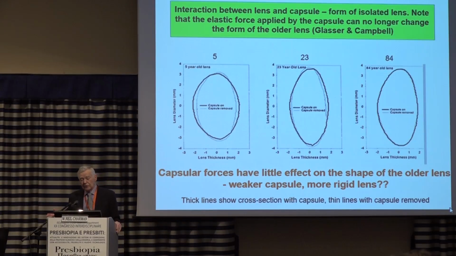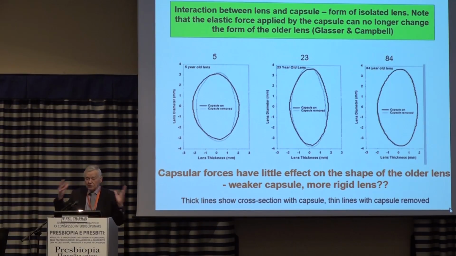And what this shows is if we take the lens and the capsule together, the fine line is the lens with its capsule. The thick line is what the lens looks like if you take the capsule off. And I just want you to look and see for the 5-year-old, removing the capsule, obviously the elastic lens changes shape. So the capsule is normally exerting force on the body of the lens to change its shape.